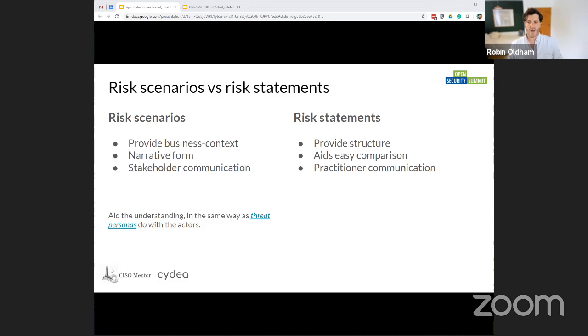When it comes to ransomware, they may not understand exactly what that would entail. And obviously when it comes to regulatory fines, they may not know the exact size and shape and scale that those might manifest as. So risk statements are a good shorthand way for practitioners to communicate.